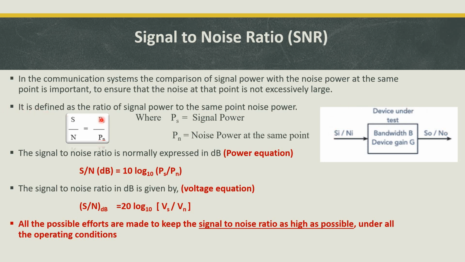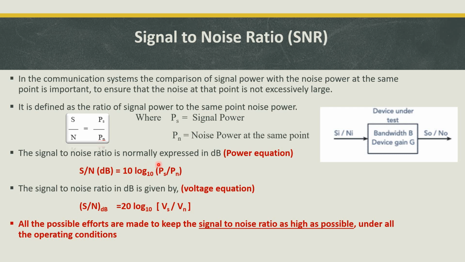As per the definition, signal to noise ratio means signal power divided by noise power. If you want to maintain a good communication system, or get good quality of the signal, at each and every point or block we have to maintain the highest signal to noise ratio.